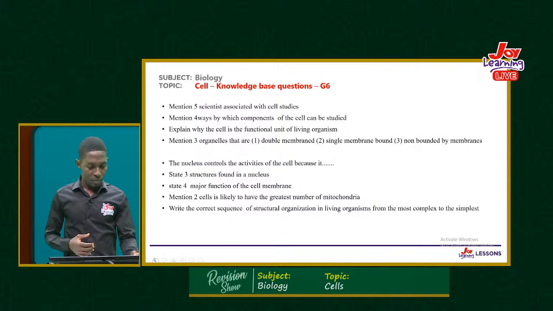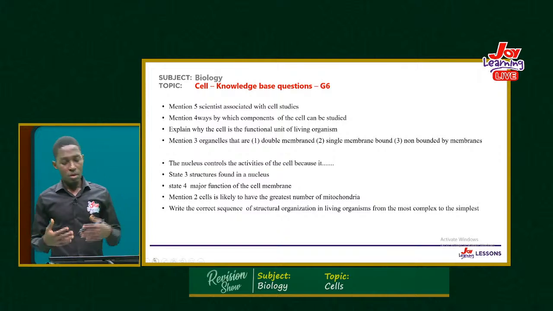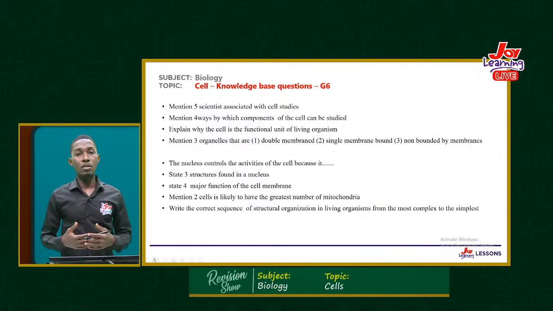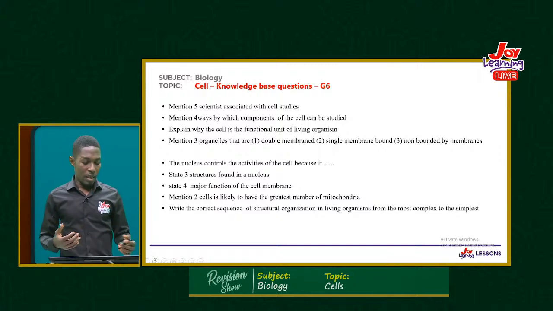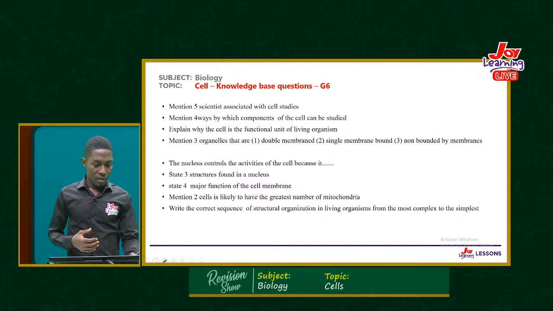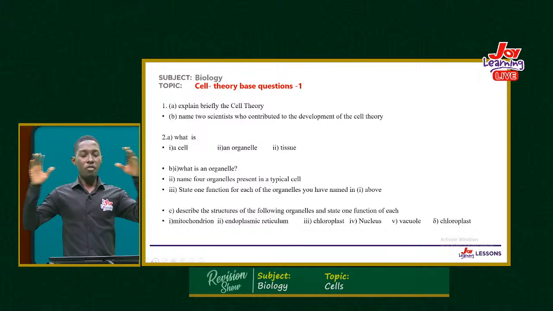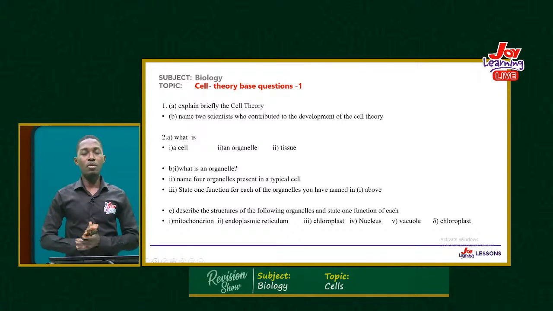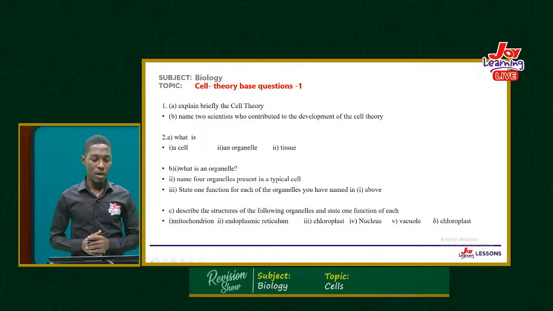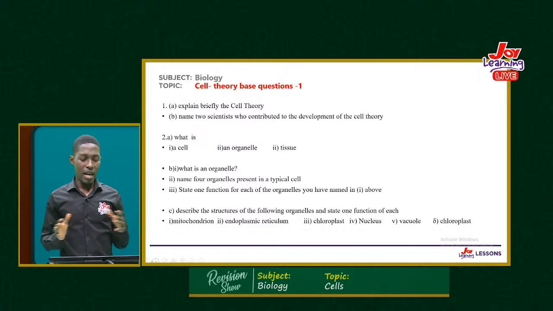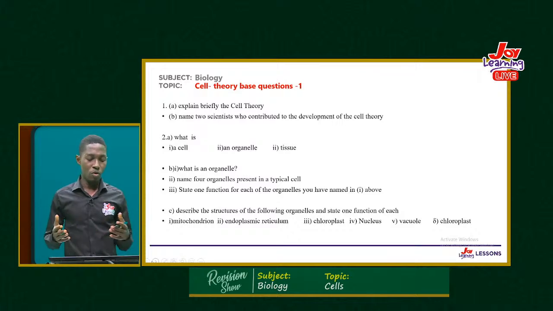Then also asks you to try to write the correct sequence on the cell organization in an organism. Okay. Let's also look at some section B. So far, we just grouped all the section B questions under cell and how they usually ask these ones. First, they said, try and explain the cell theory. Great. Scientists.